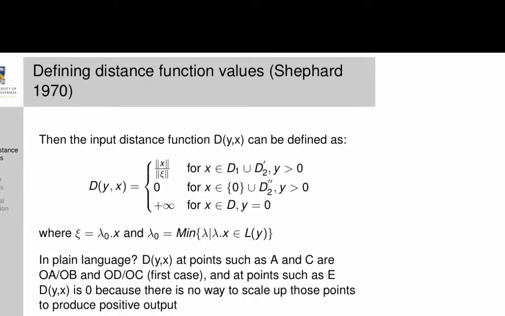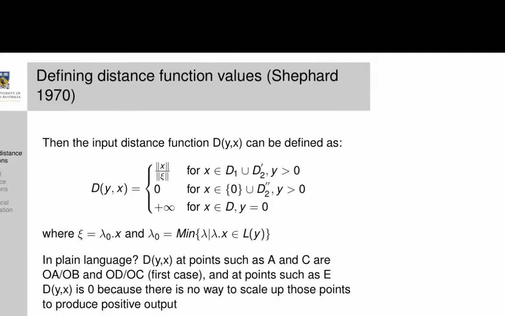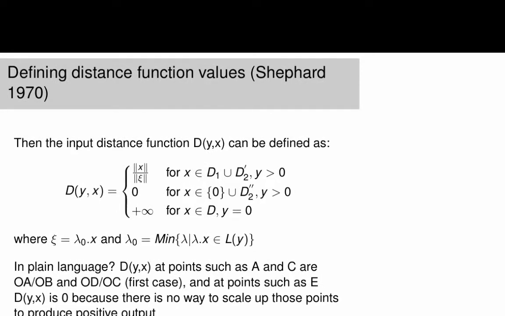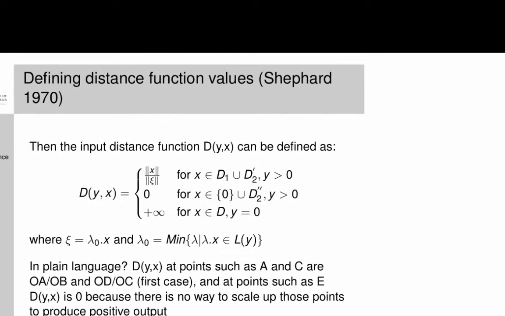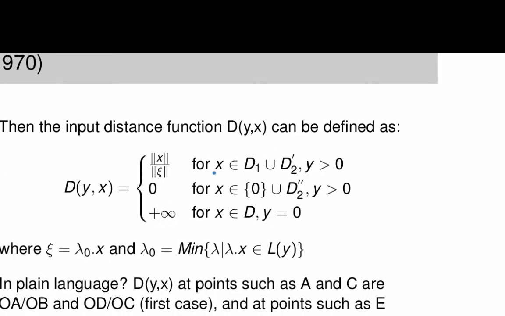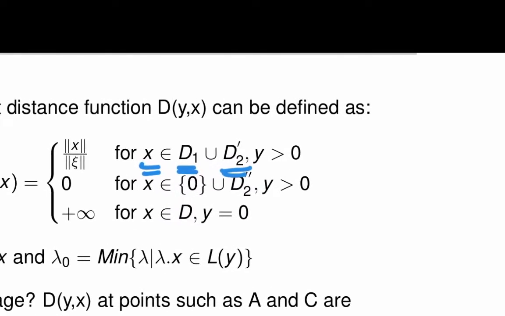Well, if you have points that can be scaled up to become feasible or capable of producing y, then the distance function value is a positive and finite number. So if the input vector we are looking at is either an interior point or a boundary point like C in the previous slide, then the input distance function is well defined and it has a finite positive value.